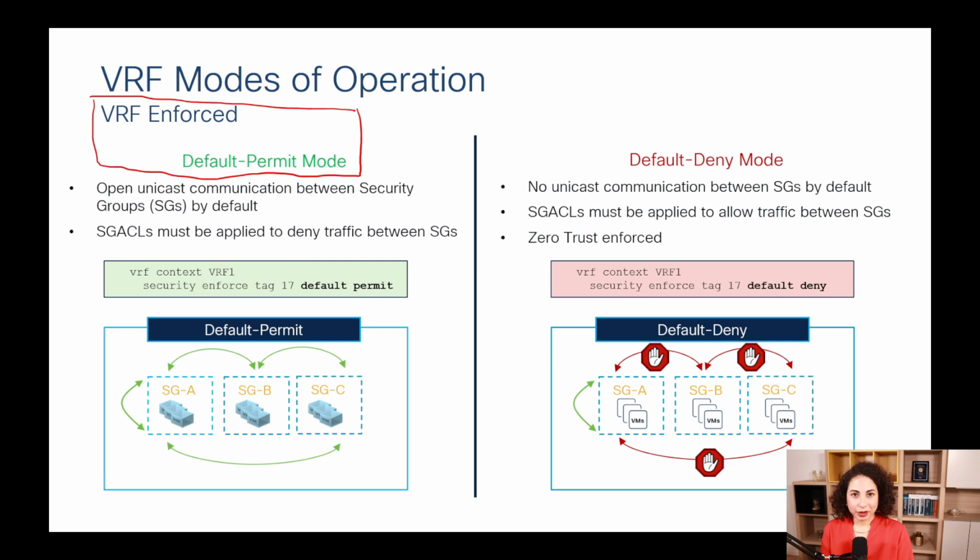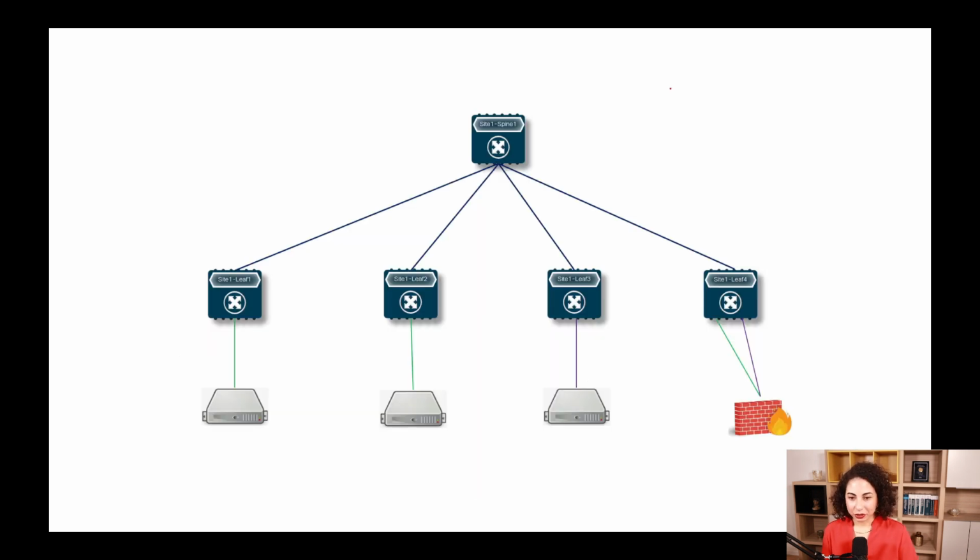If we take back our fabric from the beginning of the presentation, let's say that we have host 1 here, and we have server 1 here, and we want to configure the proper contracts so that only the traffic that is needed is indeed permitted, and the rest of the traffic is denied.